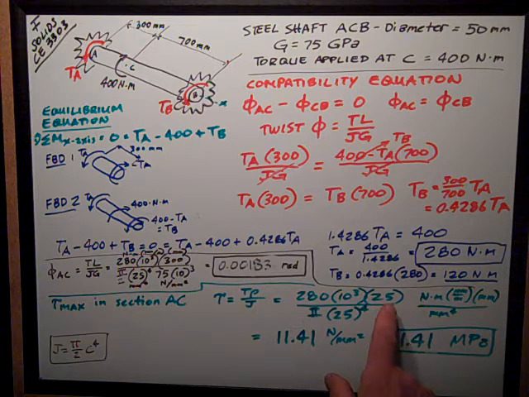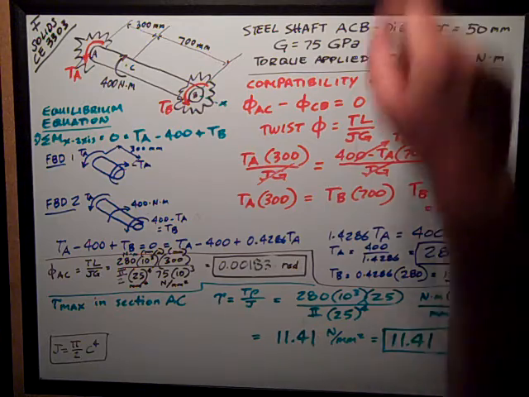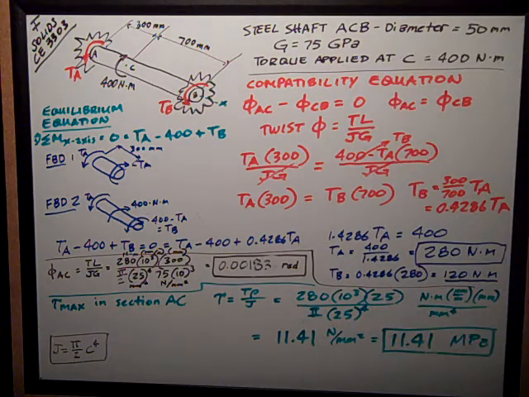Rho is the radius, 25 millimeters, divided by pi over 2 times 25 to the 4th, which is J. Checking my units, I come up with Newton millimeters squared over millimeters to the 4th. So I get the number 11.41 Newtons per millimeter squared, which is a megapascal. So the answer is 11.41 megapascals.